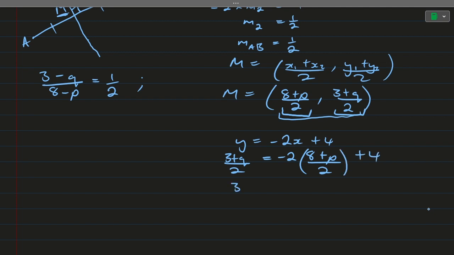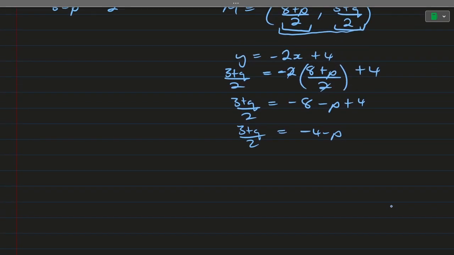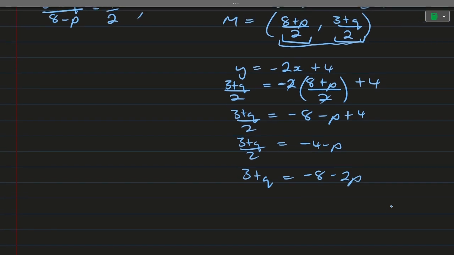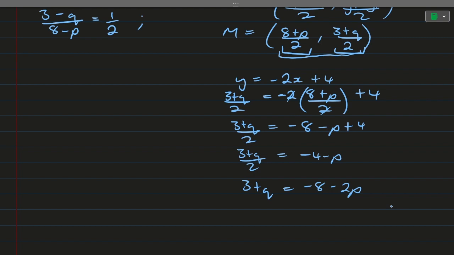And now we can simplify this. 3 plus q over 2 is equal to, these two will cancel out, that becomes -8, don't forget this negative sign, -p plus 4, so that's 3 plus q over 2 is equal to -4 -p. Let's multiply both sides by 2 to get rid of the denominator, so that's 3 plus q is equal to -8 -2p.